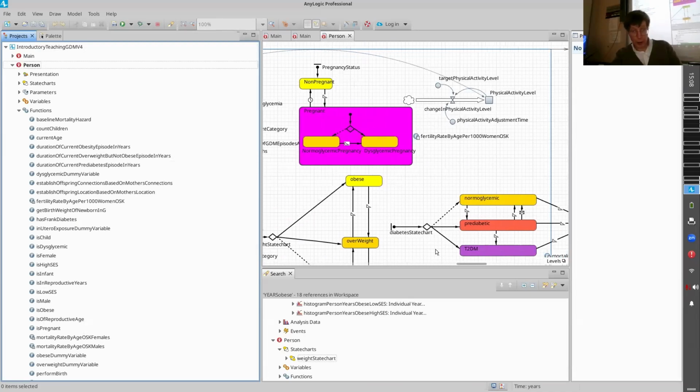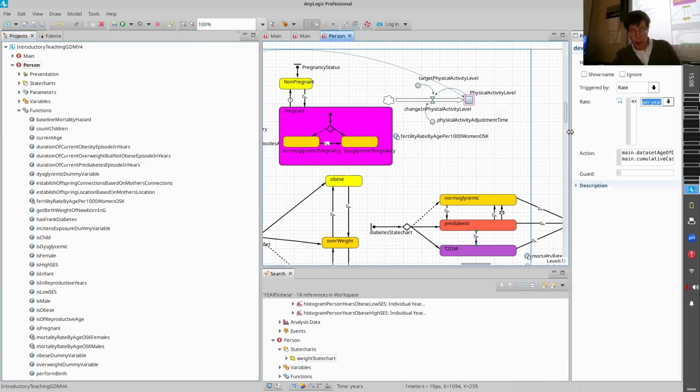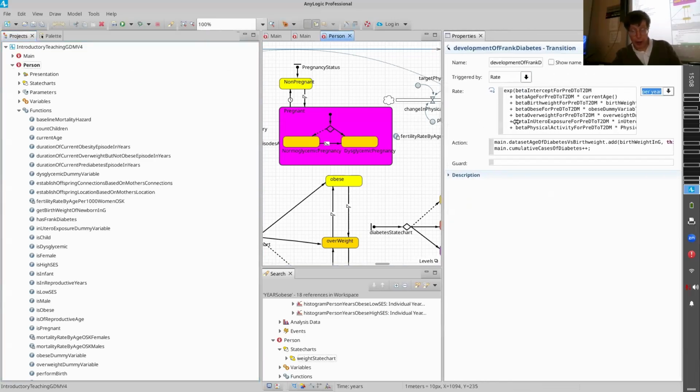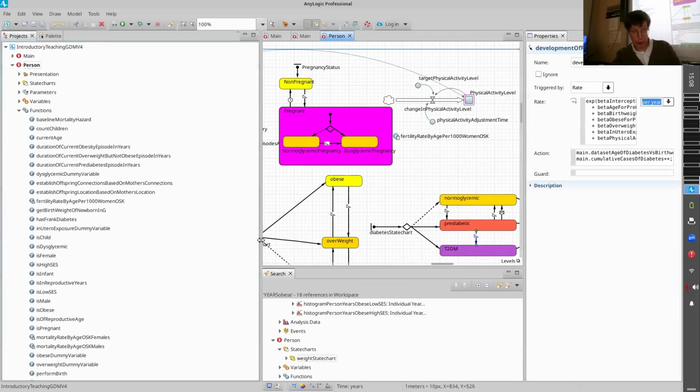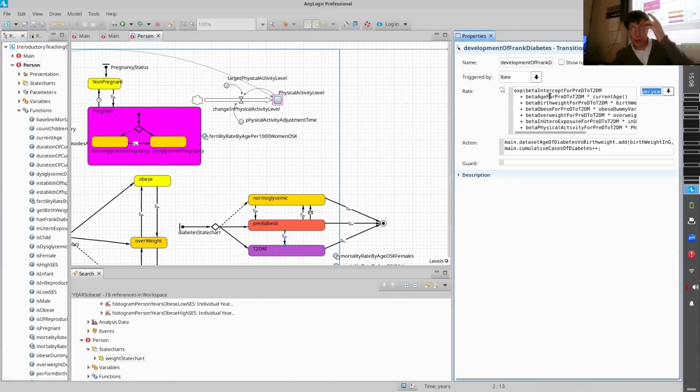I double-clicked on it again to zoom out or to focus more broadly on the model. And I want to go look at the properties for this particular transition, what the rate is associated with this transition. And what I want to communicate here is that it does depend on aspects of their age, for example, which is changing.